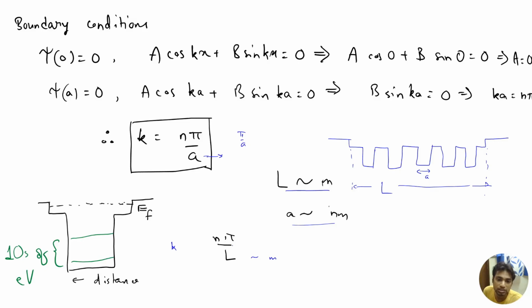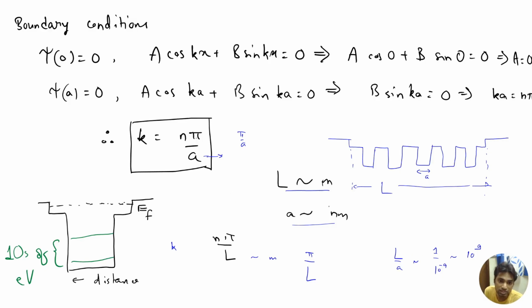If the length of the well is of the order of L, then the gap between these k values is pi over L. Now if L over a is, with L of the order of 1 meter and a of the order of angstrom, it is of the order of 10 to the power 9.